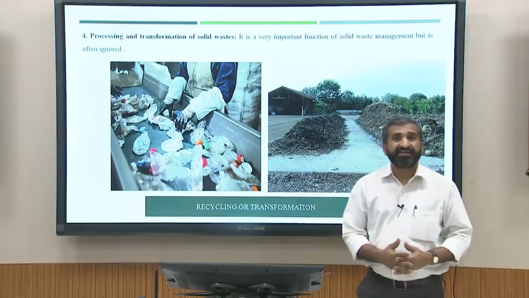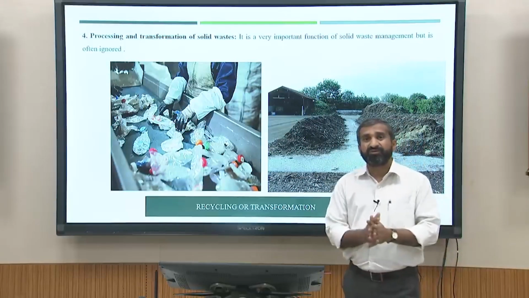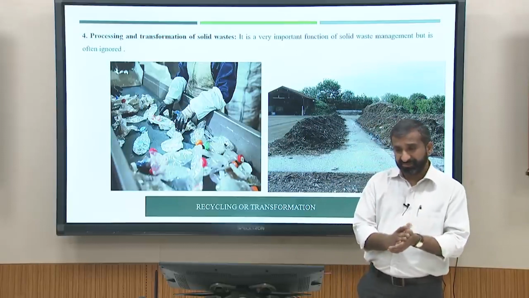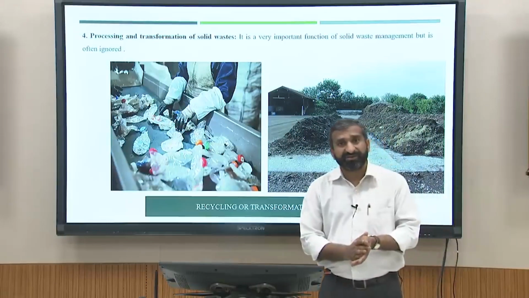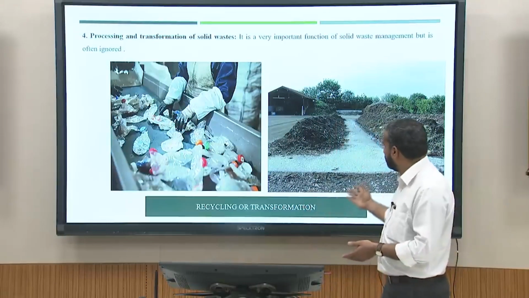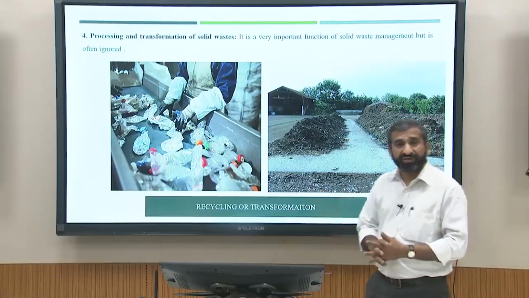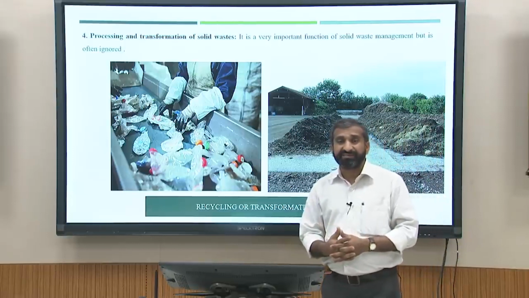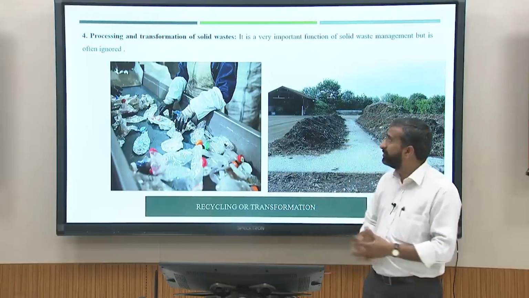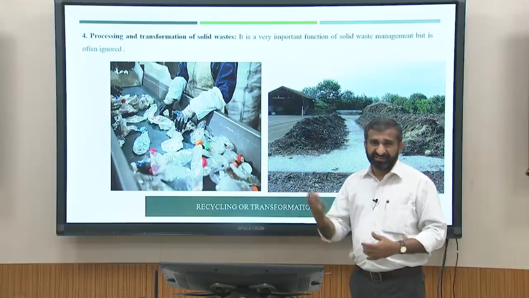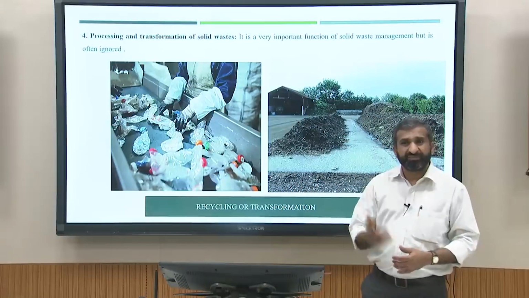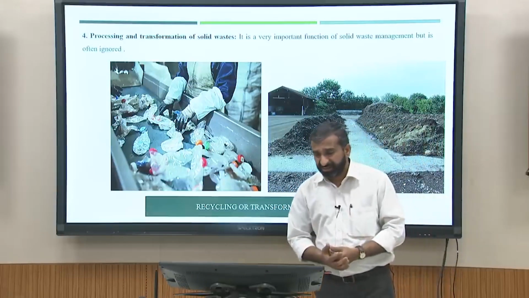Obviously, Indian waste has more wet waste, 50 to 60%. We can have composting facilities and produce good quality compost once it is segregated, but we also need to talk about recycling, waste to energy or RDF plants.